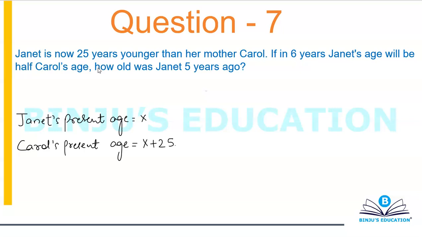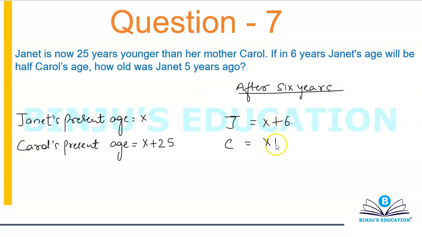Cool. If in 6 years Janet's age will be half Carol's age, so I can say after 6 years, Janet's age will be x plus 6 and Carol's age will be x plus 25 plus 6.